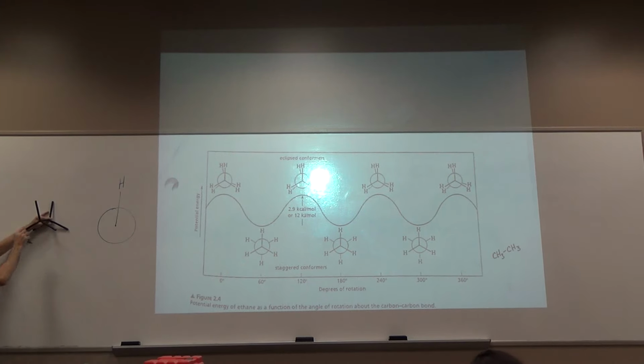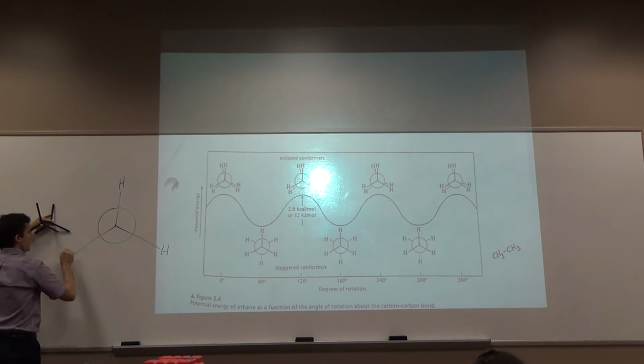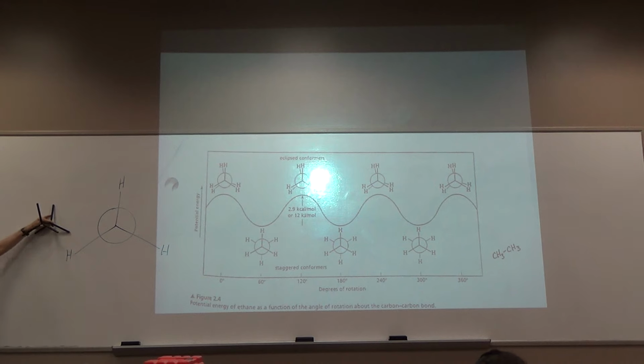Okay? Now, it's not exactly going straight up. It's actually coming out towards you some, right? But we lose that. Okay, you just have to know that it's really tetrahedral. You've got an H going to the right and a little bit down, and you've got an H coming to the left and a little bit down. There's your front carbon.